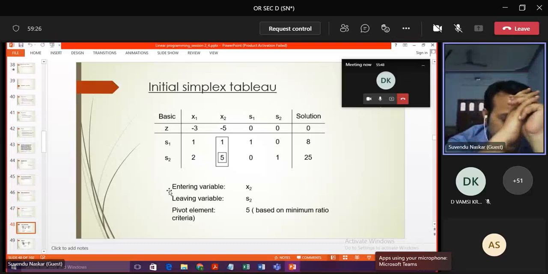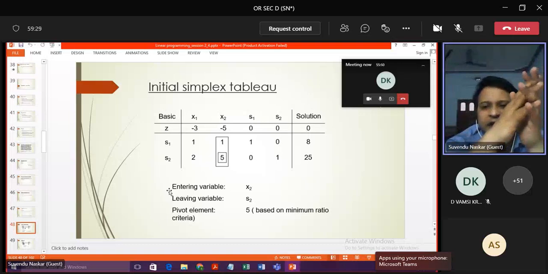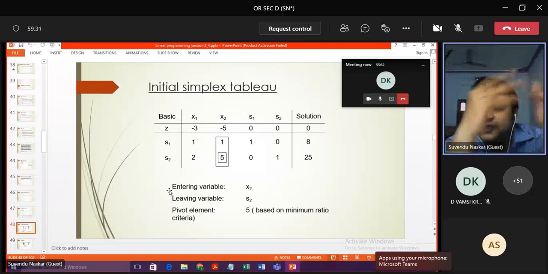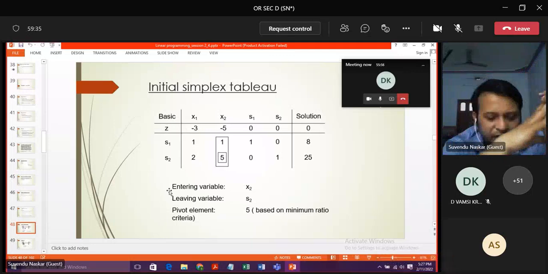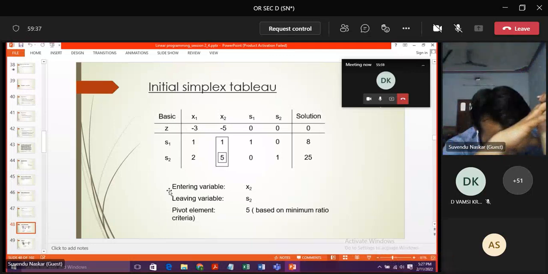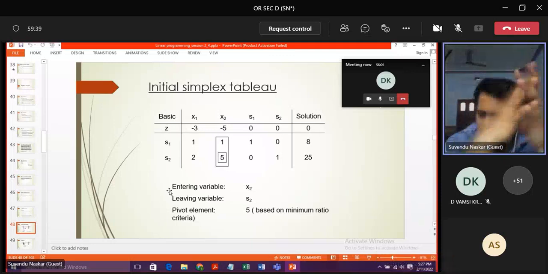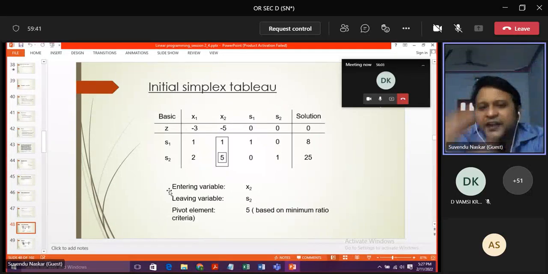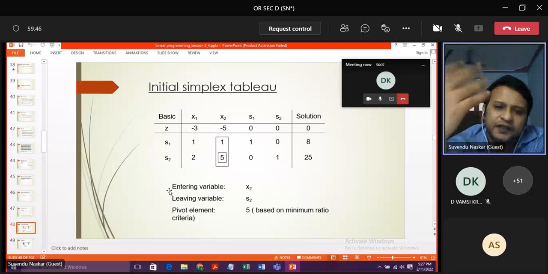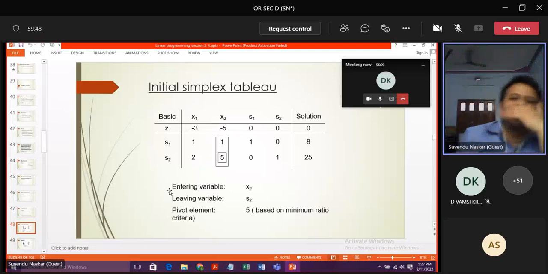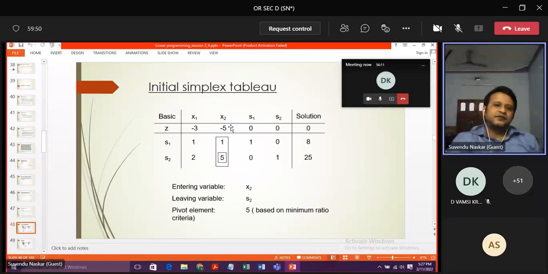Among the variables x1 and x2, if somebody can remember Eckart and EC, which has the highest impact on my objective of getting placed? EC, sir. Correct. Which is x2. So basically, you identify that particular decision variable column which has the highest coefficient, which in this case is x2, minus 5.